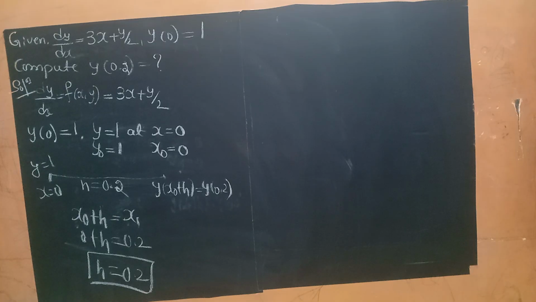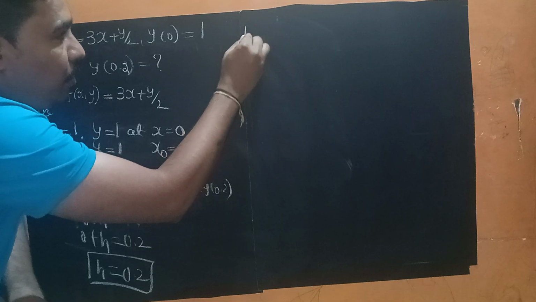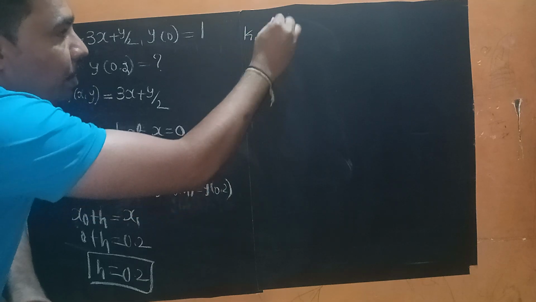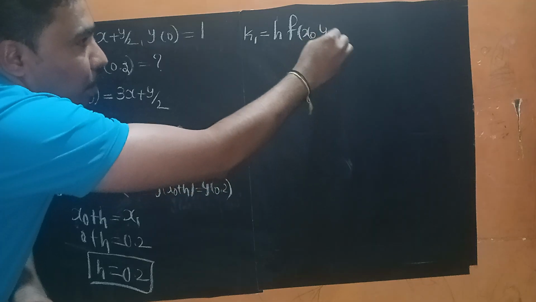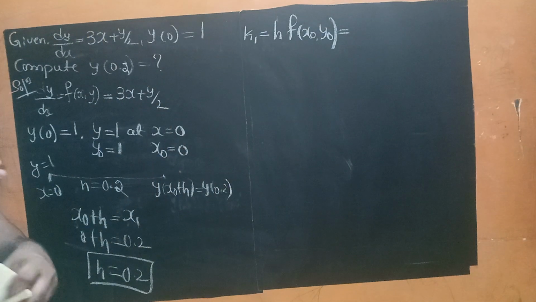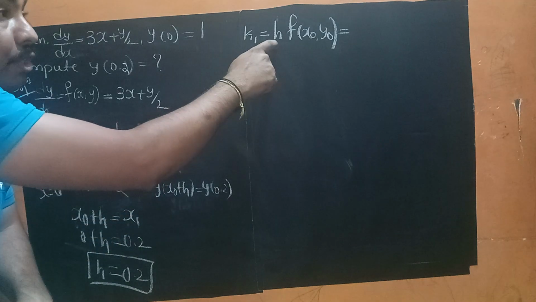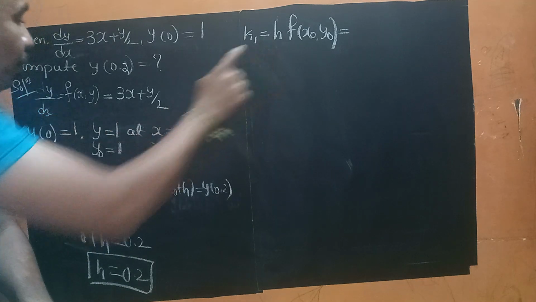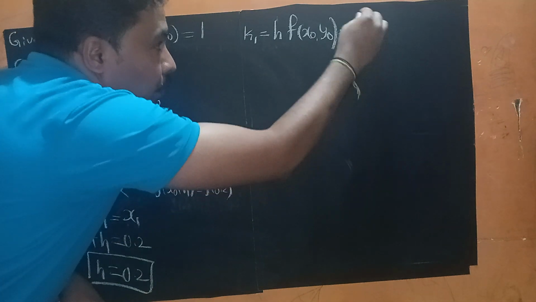So the next step is we have to find K1. We already know the K1 formula: h into f of x0 comma y0. This is very important. Everybody should understand it properly. H we know, the h value from here is 0.2.